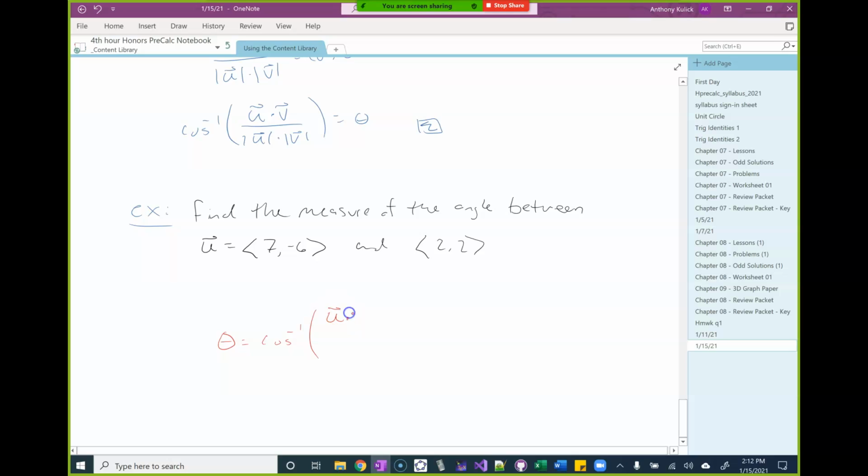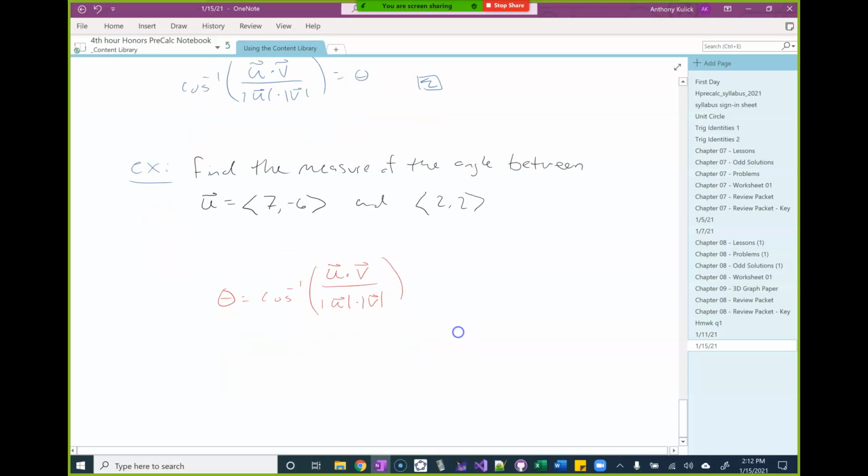Everybody's okay with that? All right, just recopy the formula. And now I'm just going to do off to the side each of the 3 parts in my formula. So there's 3 calculations I need to do, right? U dot V, the magnitude of U and the magnitude of V. So U dot V, 7 plus negative 6 times 2, which is 14 plus negative 12, which is 2.